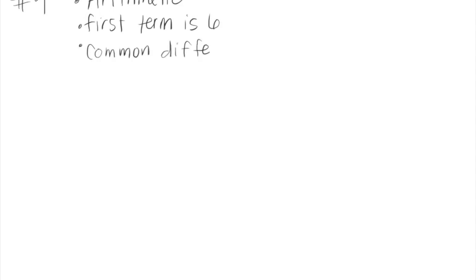It says that the first term is 6, and the common difference is 3.2. So to write a recursive rule, we have all the information we need. We just have to put it in recursive notation.